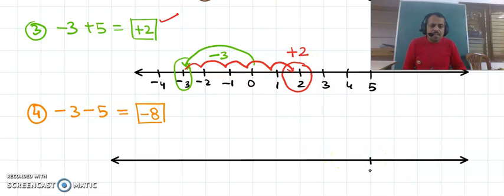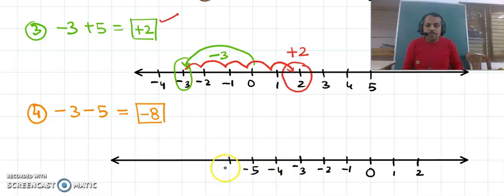I'm starting with 0 here, 1 here, 2 here, and so on. Let us mark the negative numbers this side. -1, -2, -3, -4, -5, -6, -7, -8, -9. Oh wow, it's -10.